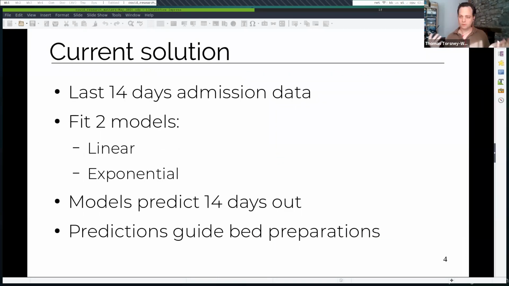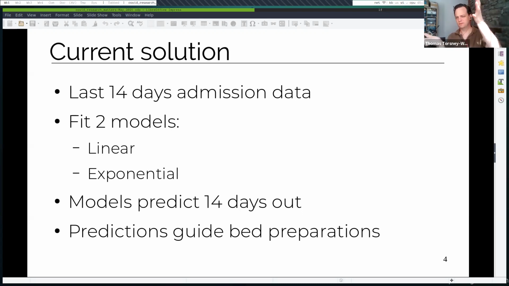The way it currently works at the hospitals is there's a statistician at every single hospital, and part of their job is to take the last 14 days of admissions to that particular hospital and fit two different statistical models. One is a linear regression on the admissions, and the other is an exponential model on the admissions.